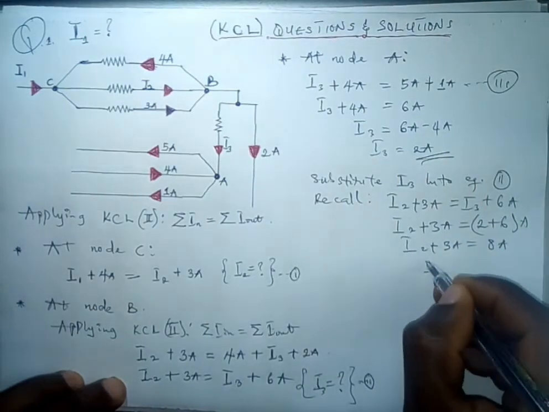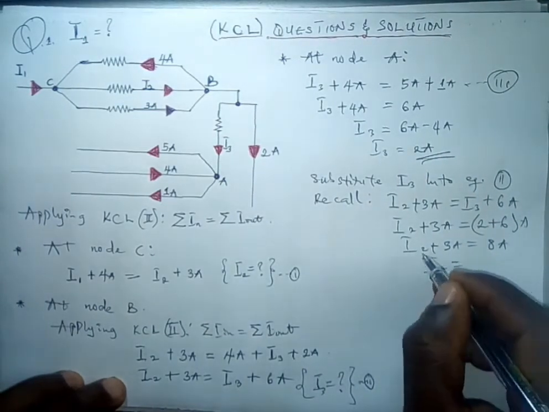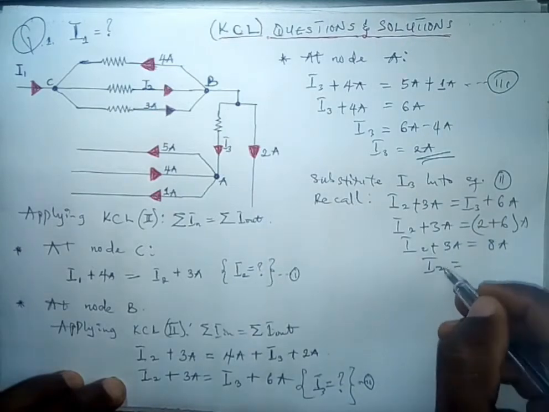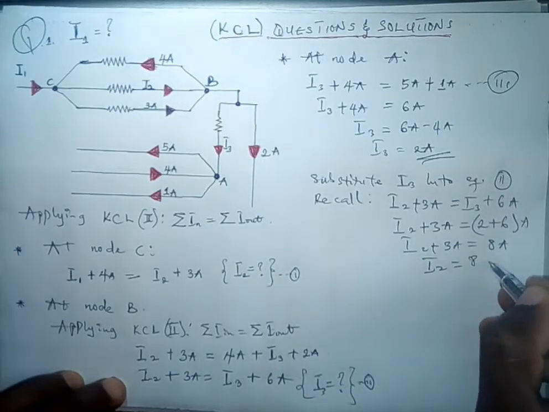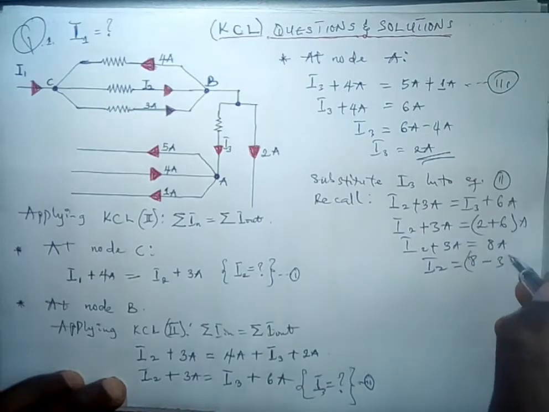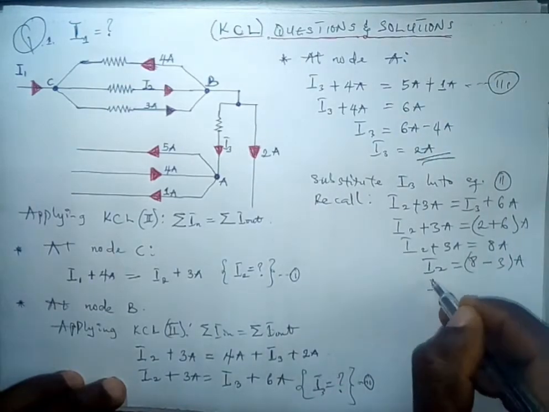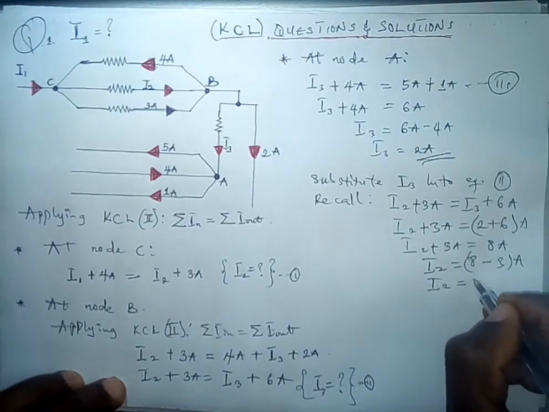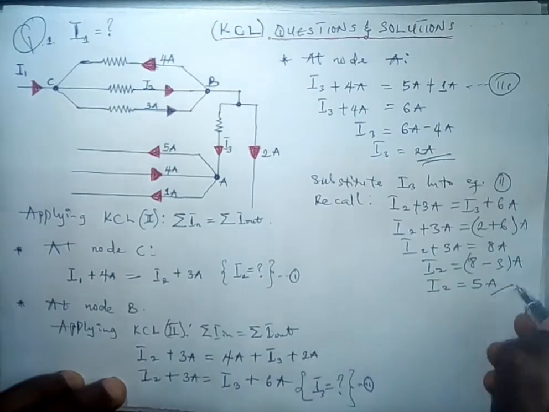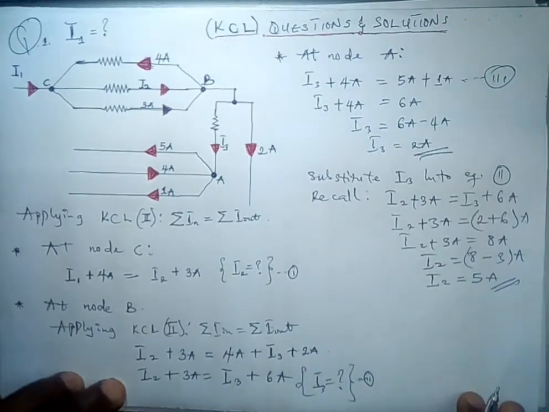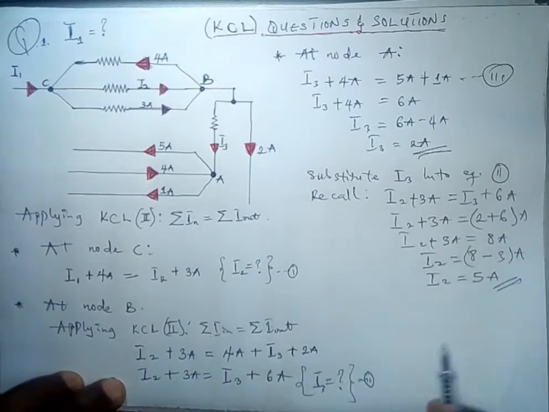So our I2, if you take this to the other side, is going to be 8 minus 3 ampere. So our I2 is going to be 5 ampere. I hope that is well taken. So now that is the value of our I2.